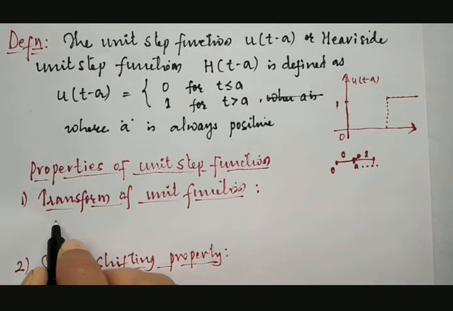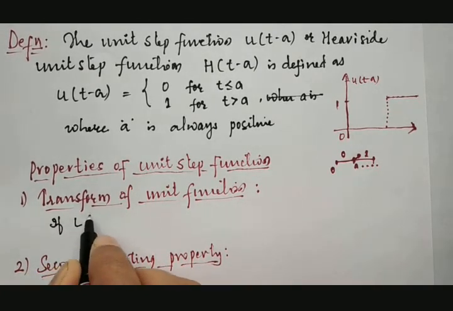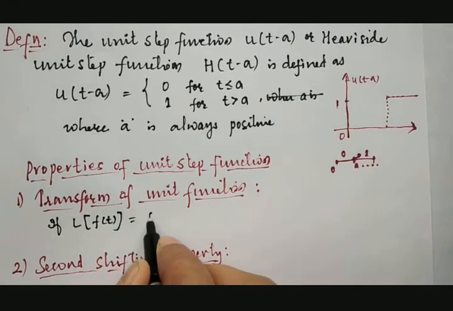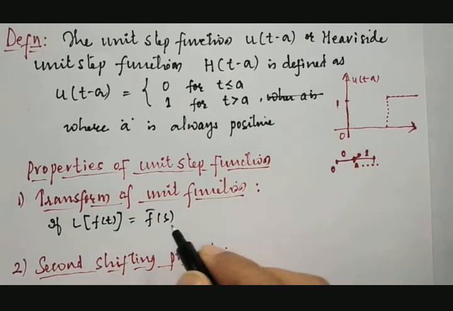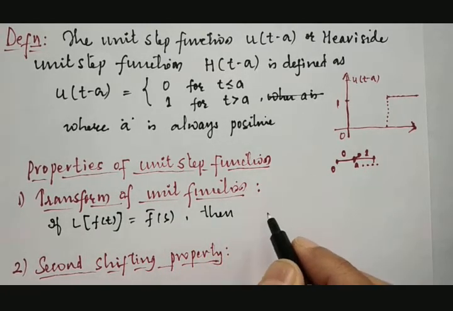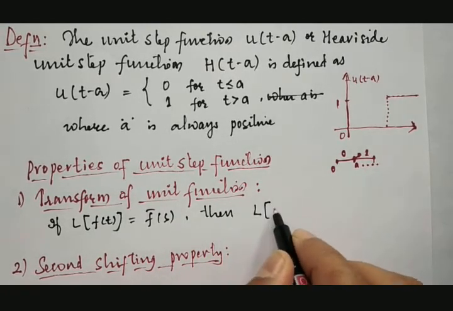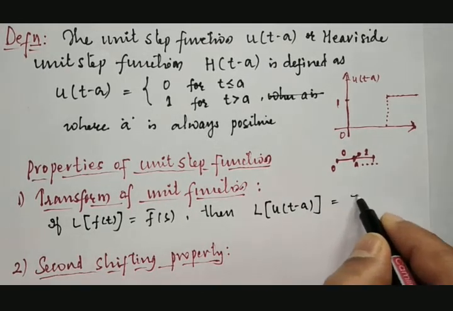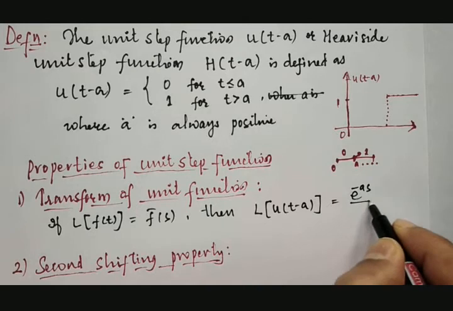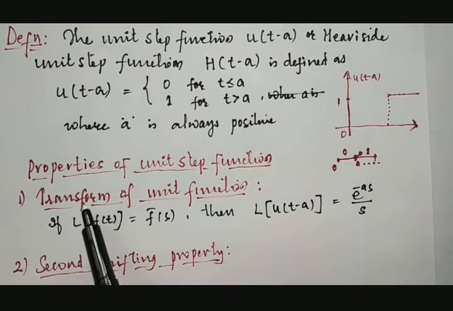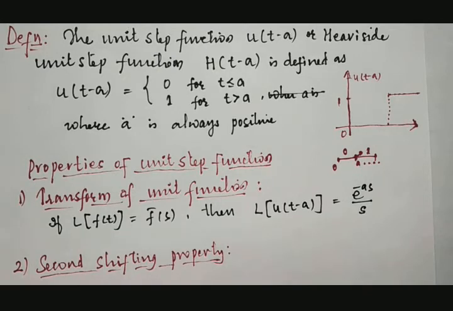If the Laplace transformation of f of t is equal to f bar of s, which is a well-known definition, then the Laplace transformation of u of t minus a will be equal to e raised to minus as divided by s. This is the first property, known as the transform of the unit function.